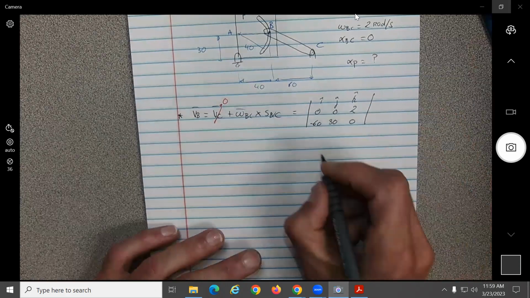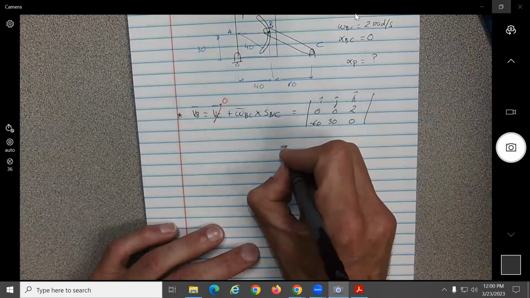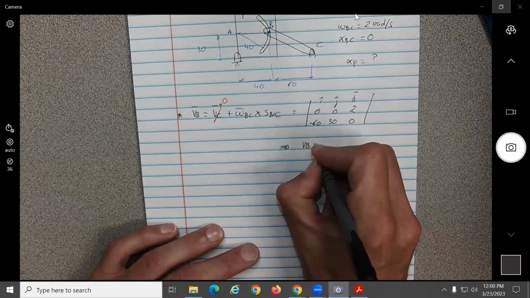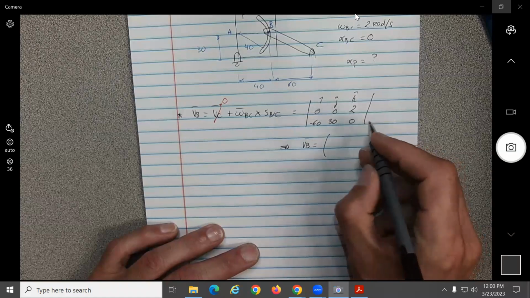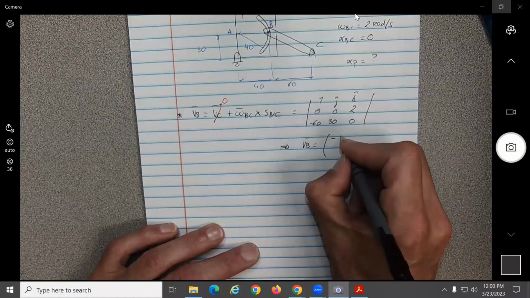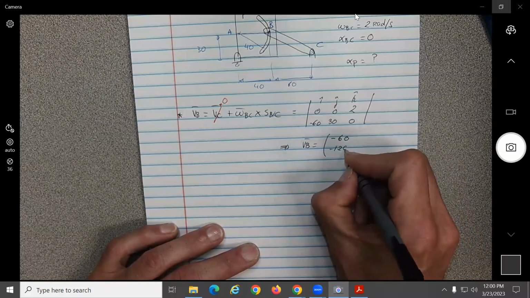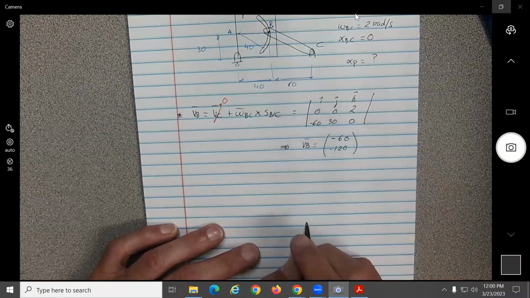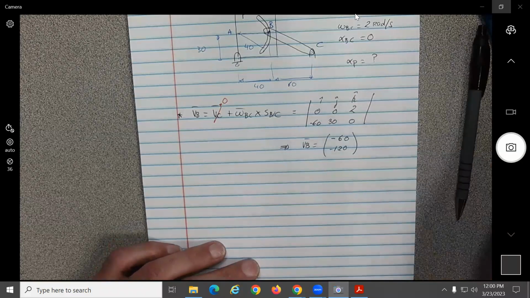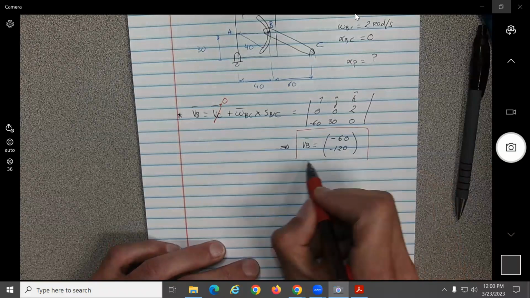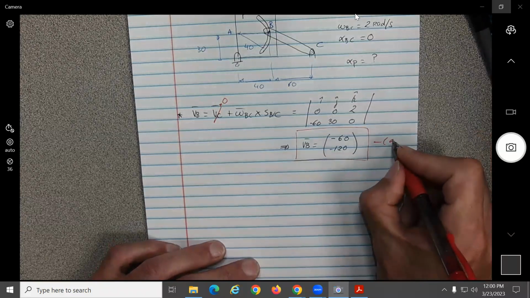Whatever the units are, okay? So this will give us VB equal to negative 60, no? And negative 120. This could be our equation A.